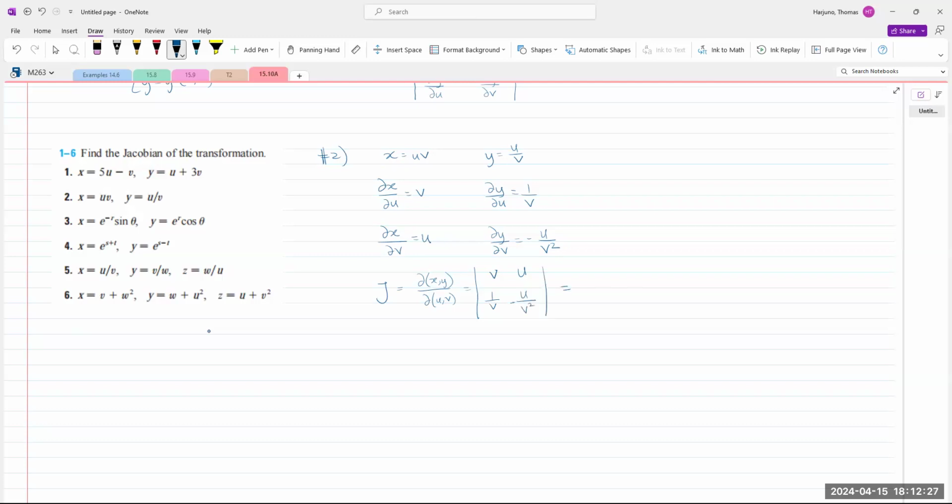Now, I wonder if you remember how to compute a determinant. The determinant of A, B, C, D is equal to AD minus BC. Please remember this though.